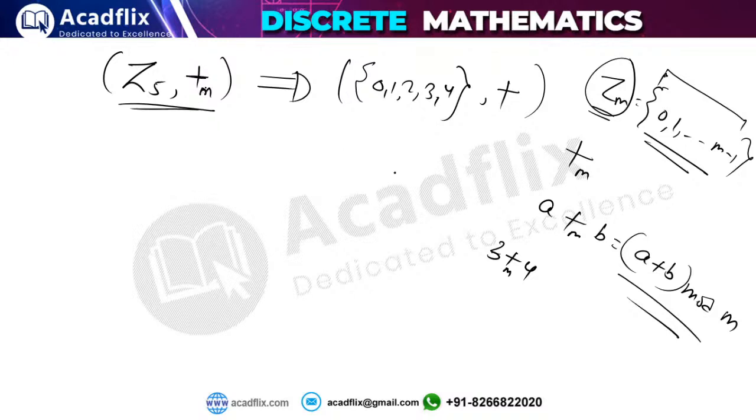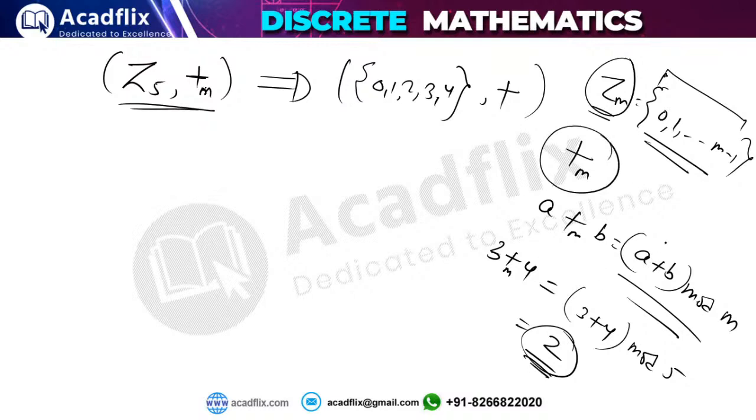Now what is this operation? For example, 3 modulo addition 4 is equal to (3 plus 4) mod m. What is m here? m is equal to 5, so mod 5. This is nothing but 7 mod 5, and that is equal to 2. So 3 modulo addition 4 is equal to 2, because our operation is modulo addition.